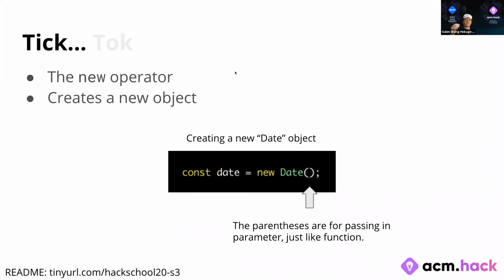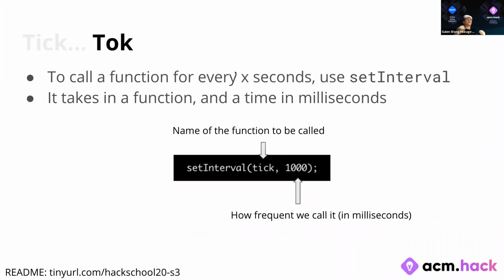So we're going to introduce a function that is defined for us. Again, it is provided by the JavaScript language itself. It is available to us. This function is called setInterval. What setInterval does is it takes in a function as the first parameter, and it takes in a number, which is the time in milliseconds.